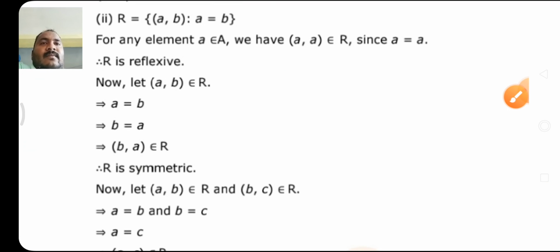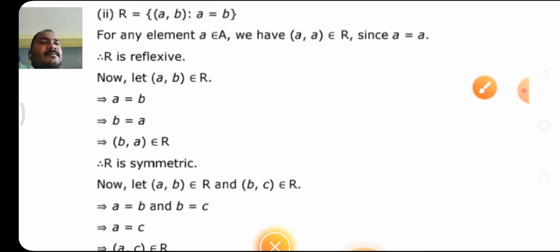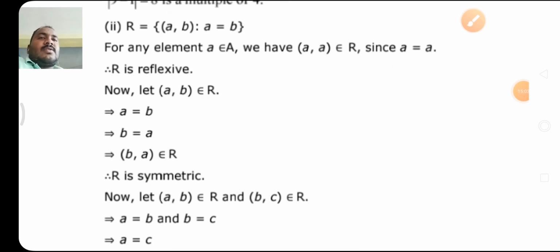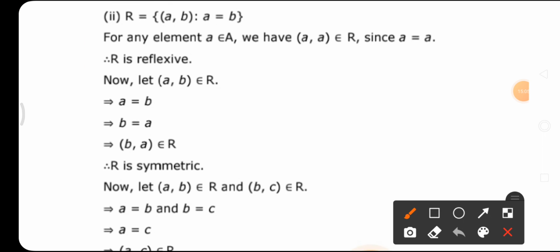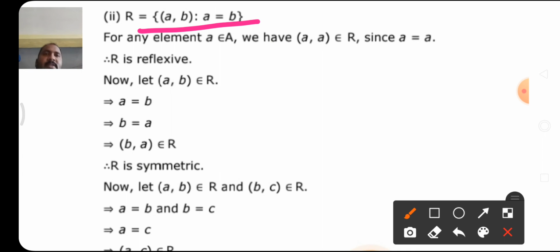Next, second one. R = {(a, b) : a = b}. This is also a very important example.